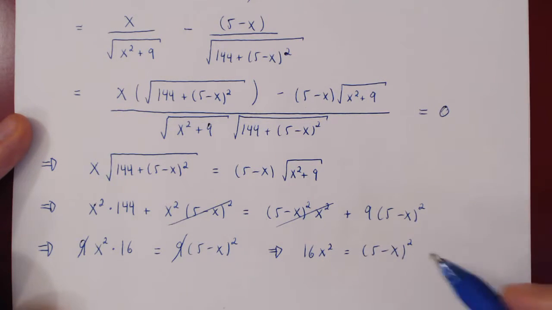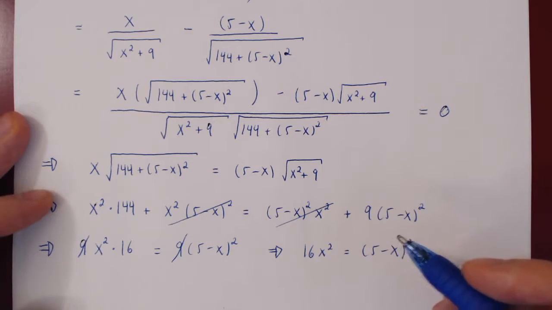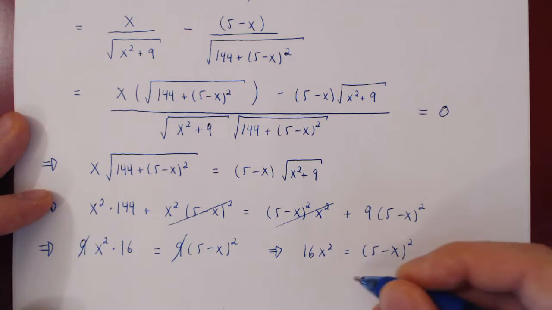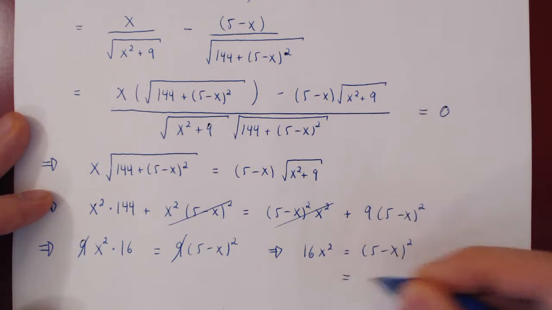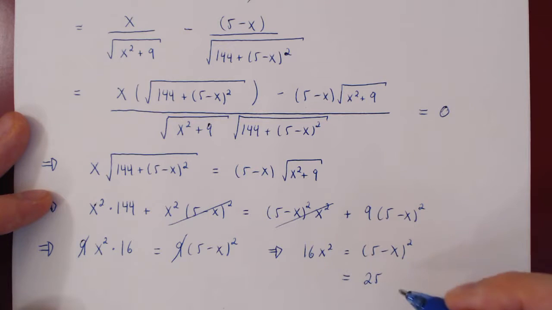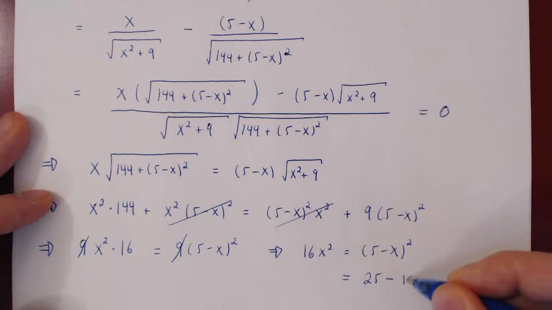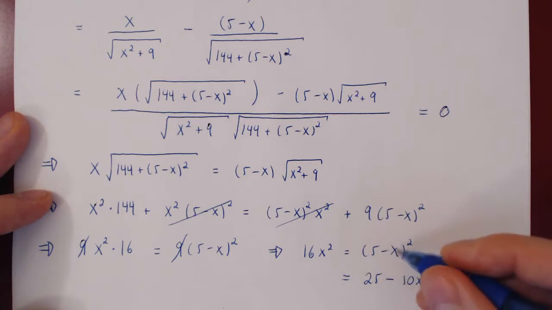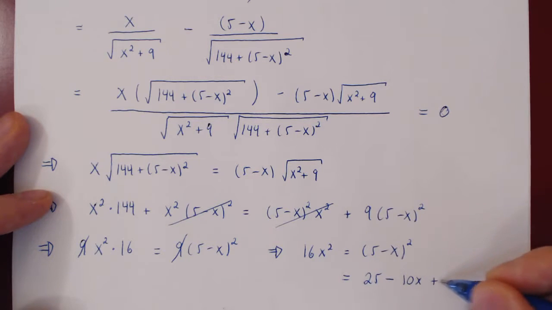And if you look at this, this is a simple quadratic. Let's expand this out, send it to the other side, and hopefully we'll be able to factor. Squaring 5 minus x, you'll get 5 times 5, 25. 5 times negative x, negative 5x, but twice of that, negative 10x. Negative x times itself is positive x squared.